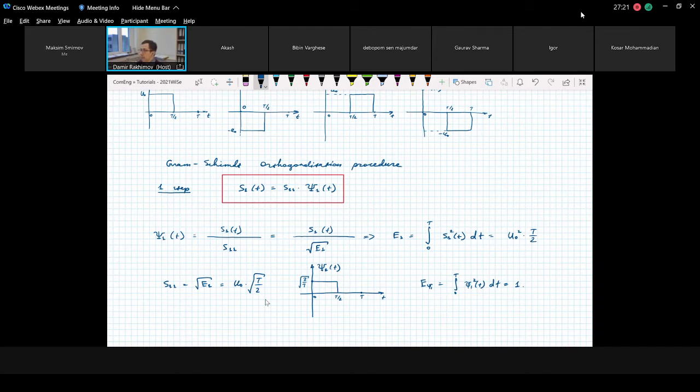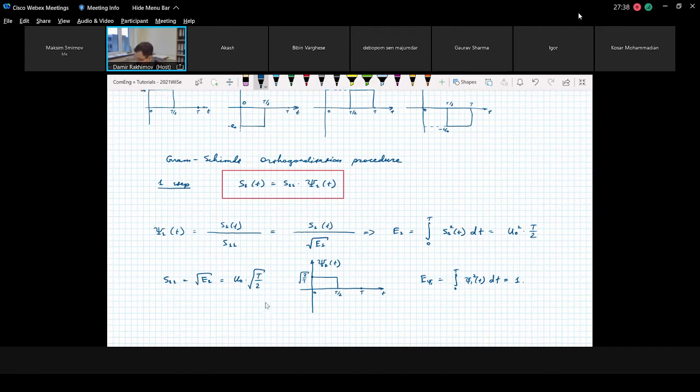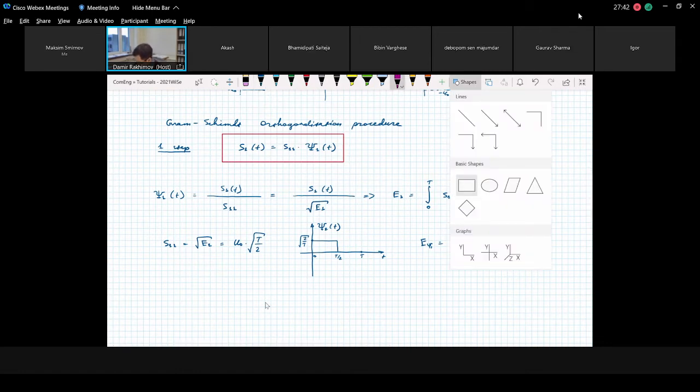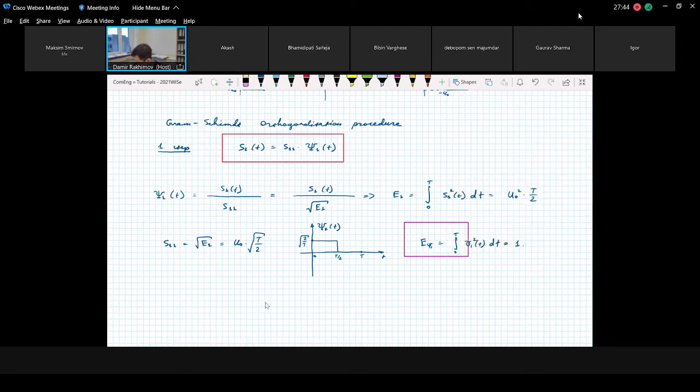Orthonormal basis means that the norm of each vector in this basis, or the energy of each component, each vector in this basis, equals 1. This is our requirement. This is a constraint, and it allows us to simplify some steps later on.